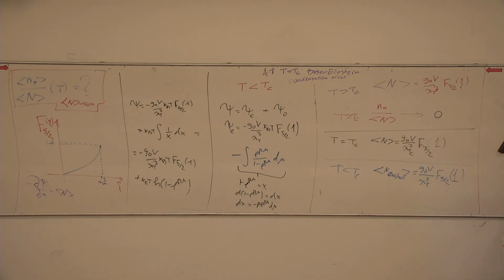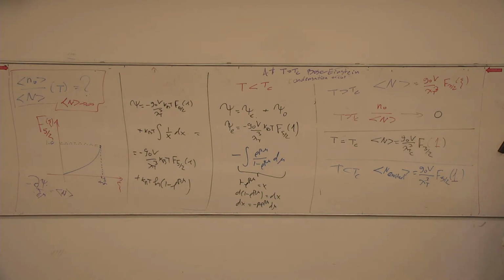So this is what we expect at the high temperatures. This is what we expect for the average number of particles at the critical temperature. This is the excited part, at the low temperatures.